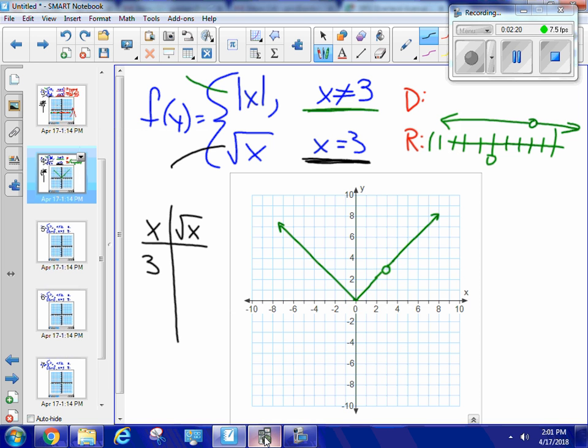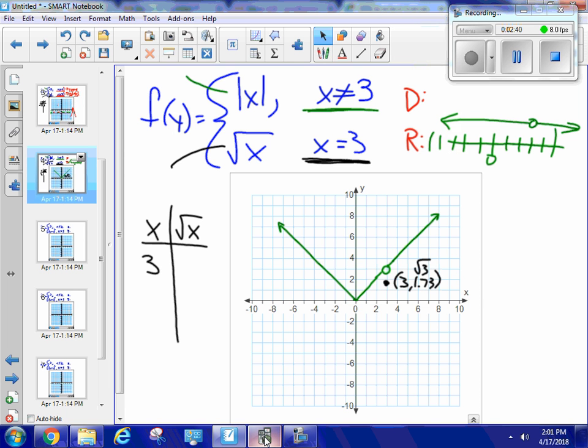At 3, 1.73, that is just a single dot right there. So that is the point 3, 1.73, or really, 3 square root of 3 is the exact point.